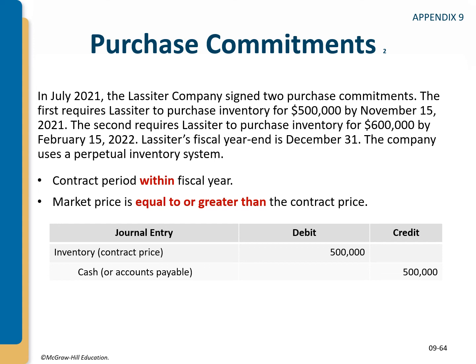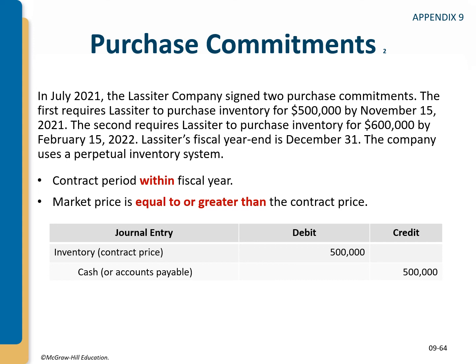Okay, so they're going to commit and finish the purchase commitment in the same fiscal year, like that first purchase commitment. First, they're going to record the commitment. Oh, wait, I'm sorry. They don't have to record the commitment.